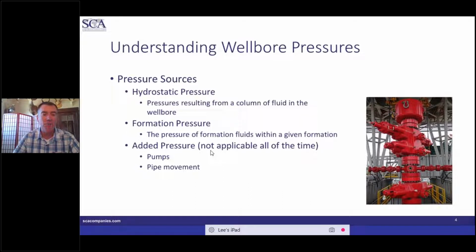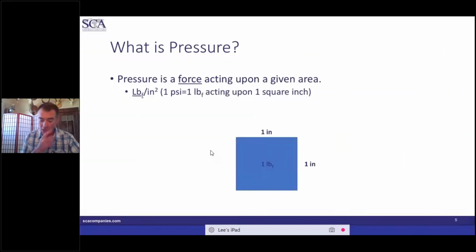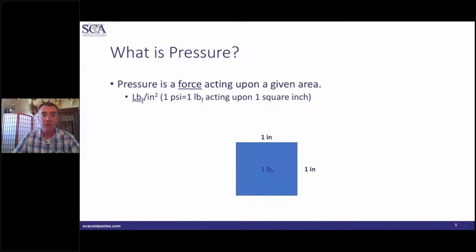So the pump pressures and pipe movements certainly add to the situation, and we would cover that going forward. But for today, we're just going to look at static pressures. And again, it just comes down to hydrostatic pressure and formation pressure, and it ends up being really simple if we treat it properly. So first off, just understanding pressure as a whole.